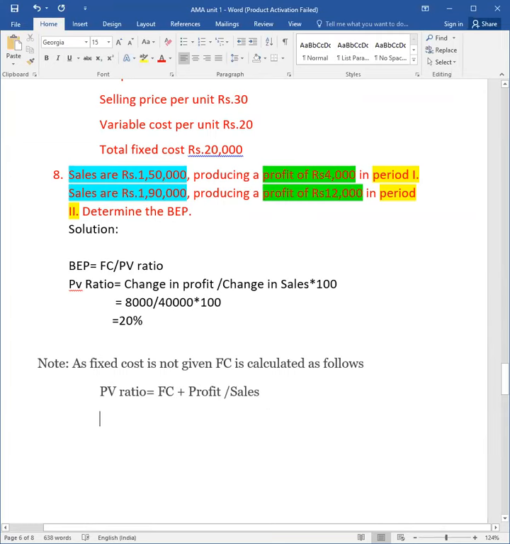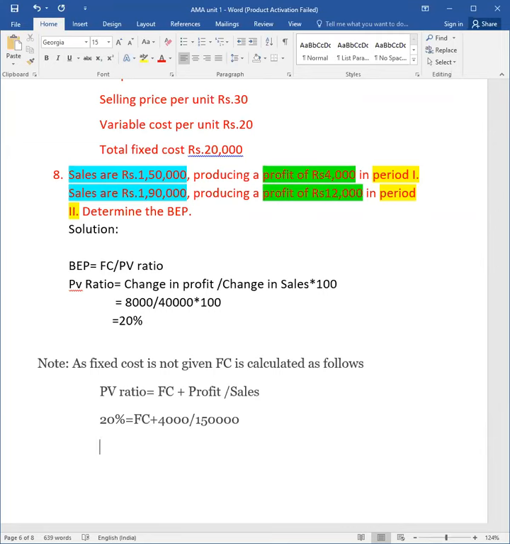So PV ratio calculated is 20% equal to fixed cost plus profit of the first year, 4,000, divided by sales of the first year, 1,50,000.